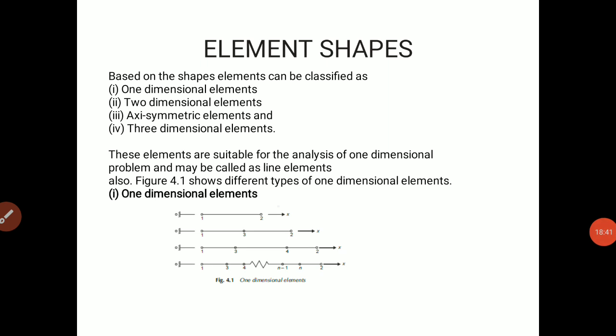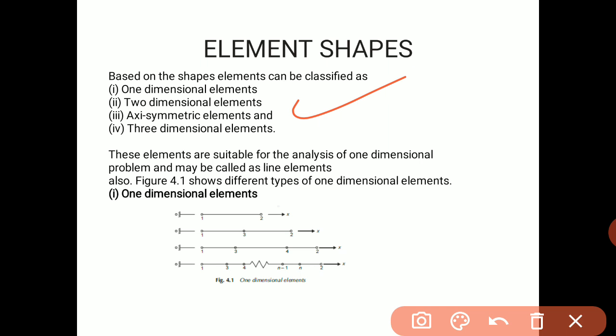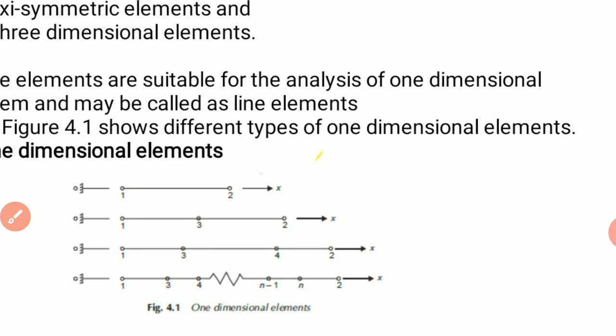The next point is element shapes. Based on shape, elements can be classified as one dimensional elements, two dimensional elements, axisymmetric elements, and three dimensional elements. So these are the element shapes, and we'll see them one by one.